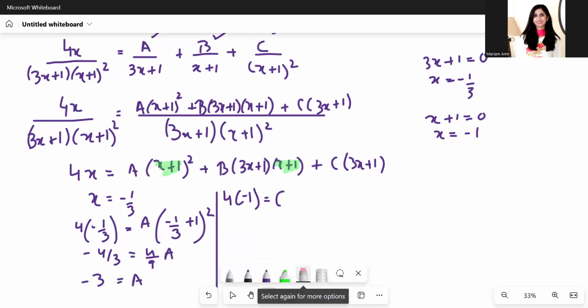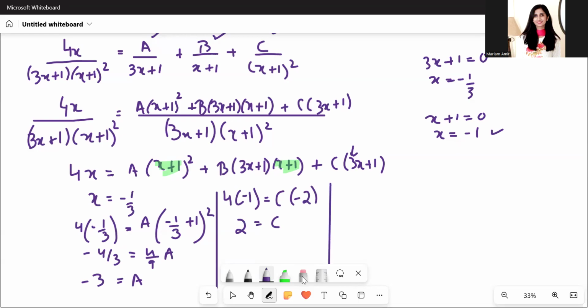No, definitely I made a mistake here. x is negative 1. I accidentally took 0 here. Okay, so when x is negative 1, we get negative 3 plus 1, which is negative 2, which gives us C equals 2.